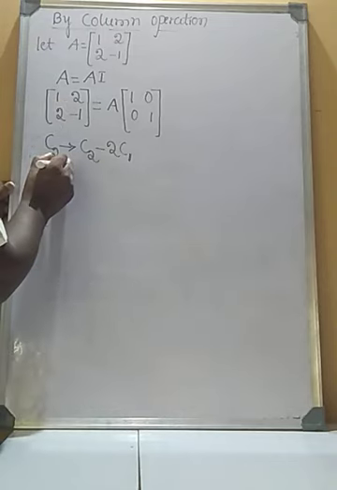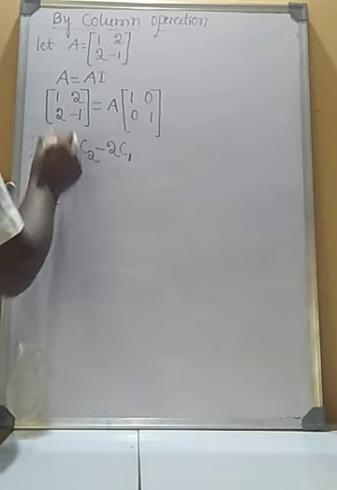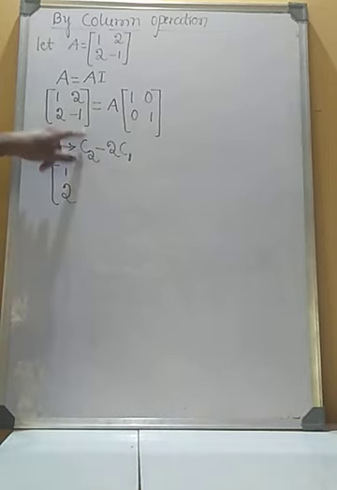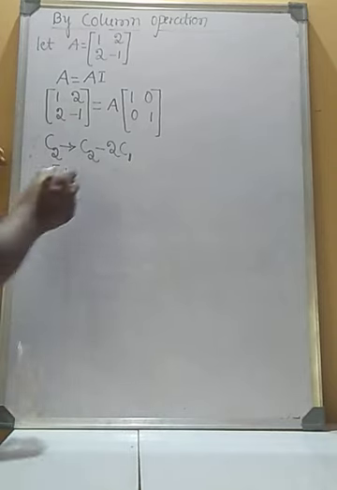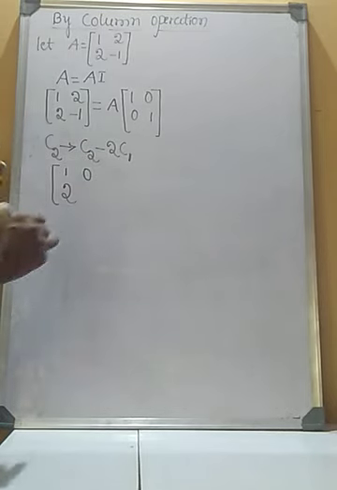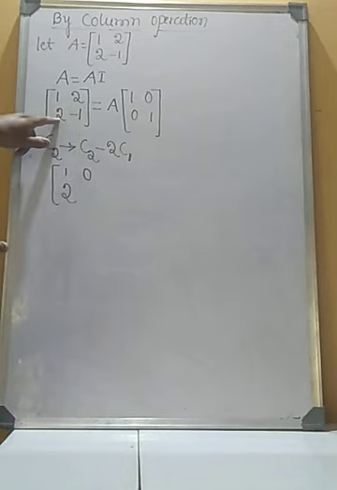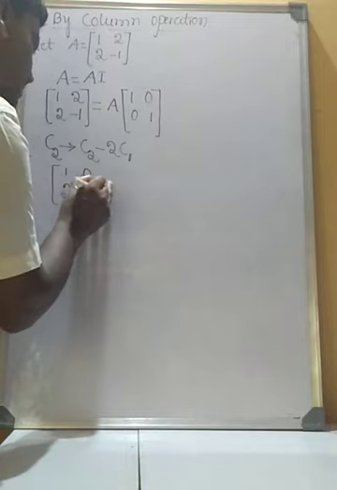First column, write as it is: 1, 2. Second column: 2 minus 2 into 1 gets cancelled, 0. The next element in C2 is minus 1, minus 2 into 2 is minus 4, minus 1 minus 4 becomes minus 5.